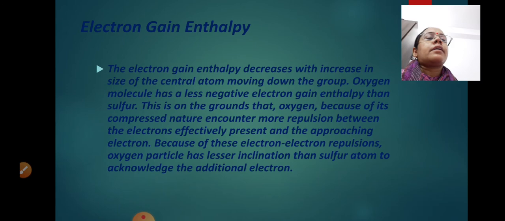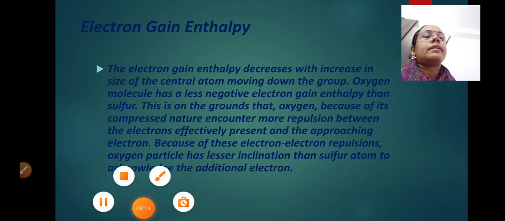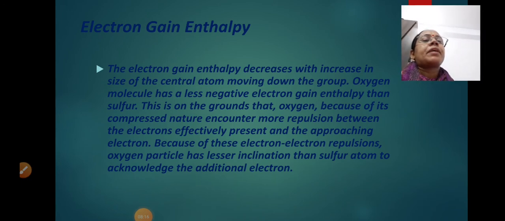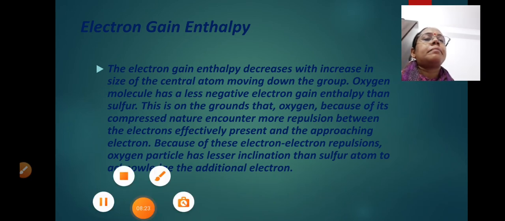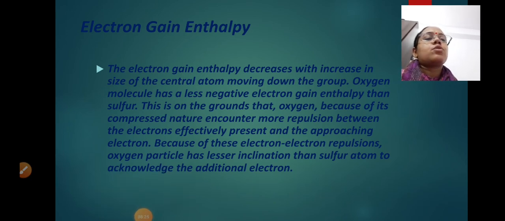As the atomic number increases, the electron gain enthalpy decreases. As the size of the central atom increases, the electron gain enthalpy decreases. Since oxygen has the smallest size among all members of group 16, because it has the lowest atomic number, the oxygen molecule has a less negative electron gain enthalpy than sulfur.